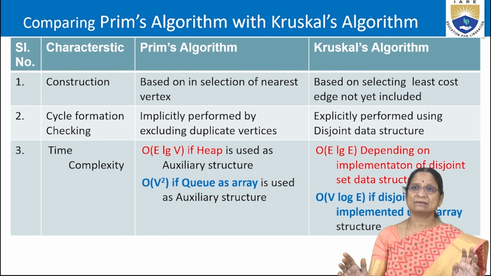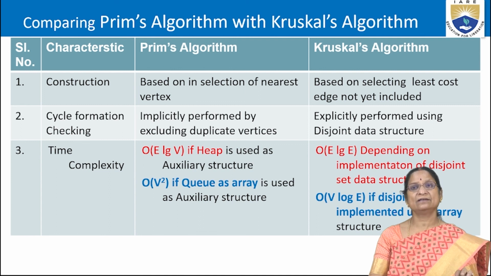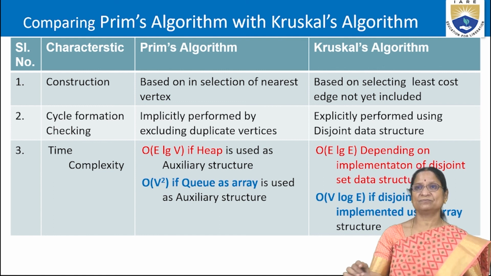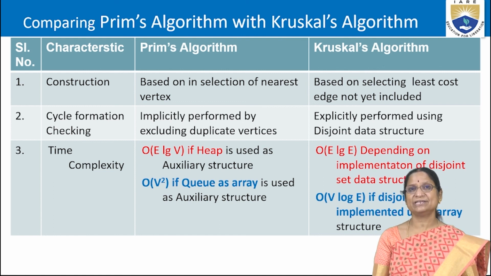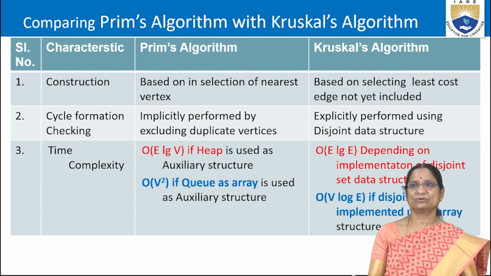Otherwise, if an array implementation of the queue is considered, it is O(V squared). For Kruskal's algorithm, depending upon the implementation of the disjoint set, a slight variation may be there. It is E log E or V log E, depending on whether the implementation uses the disjoint set data structure or an array data structure.